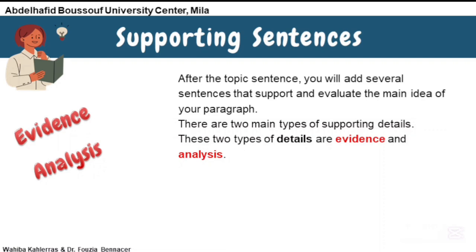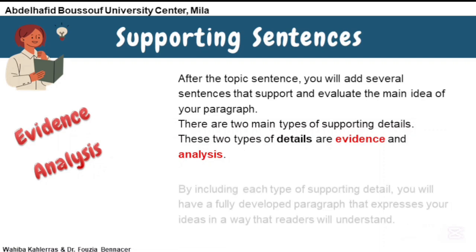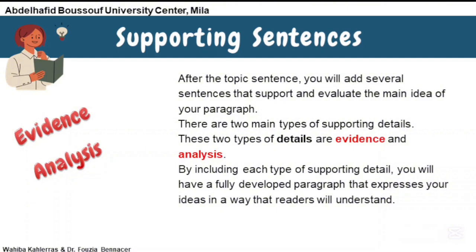Once you add one detail, you have to explain it. We call it analysis. So you put the detail or the example, which is called evidence, and then you explain it further. Why do you think this very particular detail or example supports your topic sentence or controlling idea? This is called analysis.